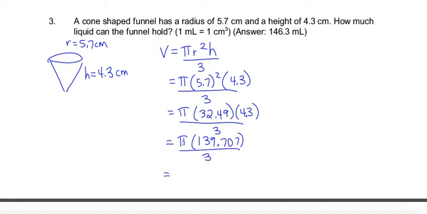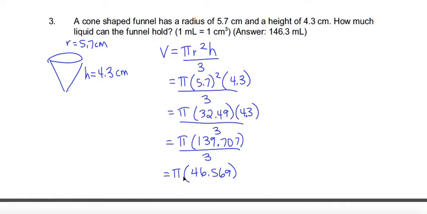So my next step is to divide the number in my numerator by my denominator. 139.707 divided by 3 gives us 46.569. And now you're going to use the pi button on your calculator.